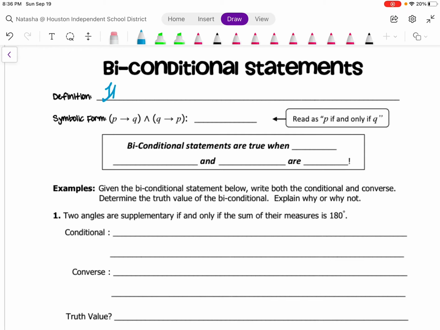All right, so definition: the conjunction of a conditional and its converse.